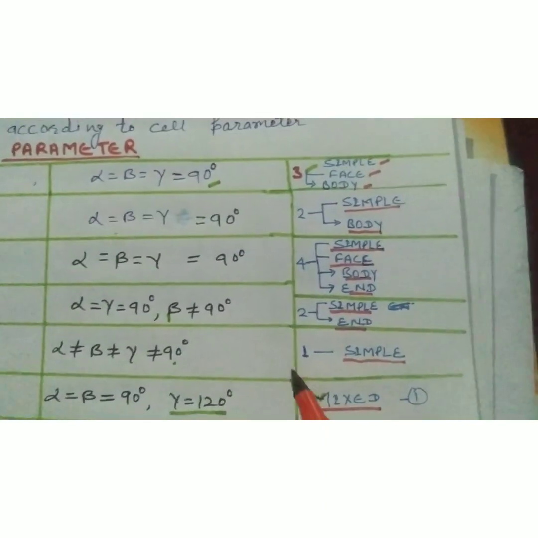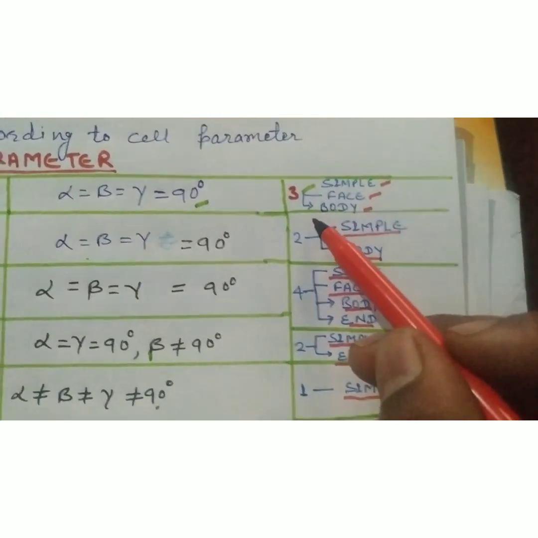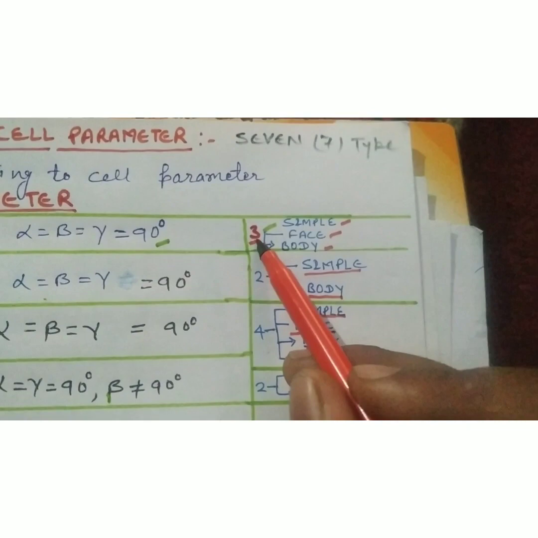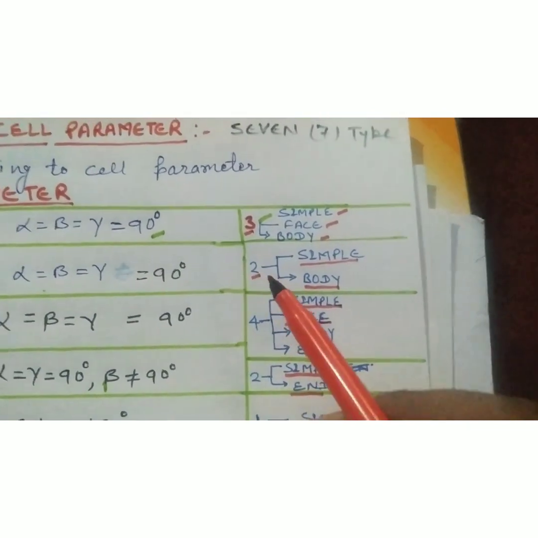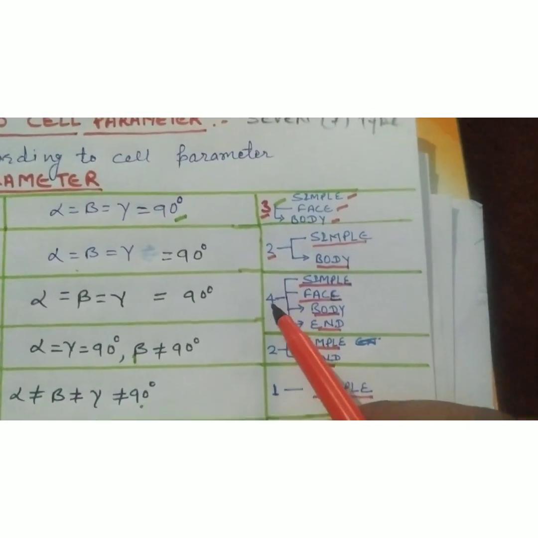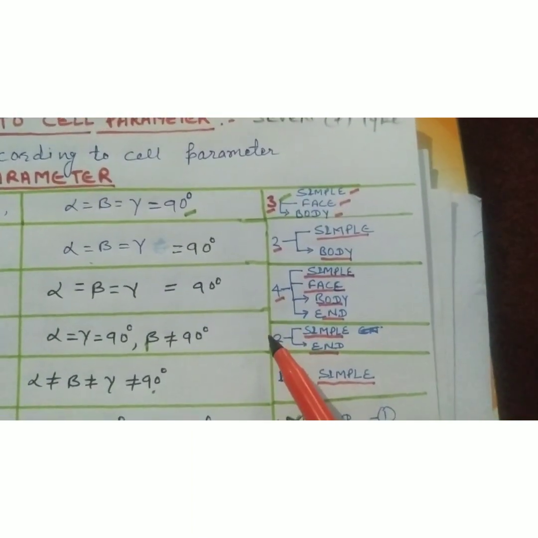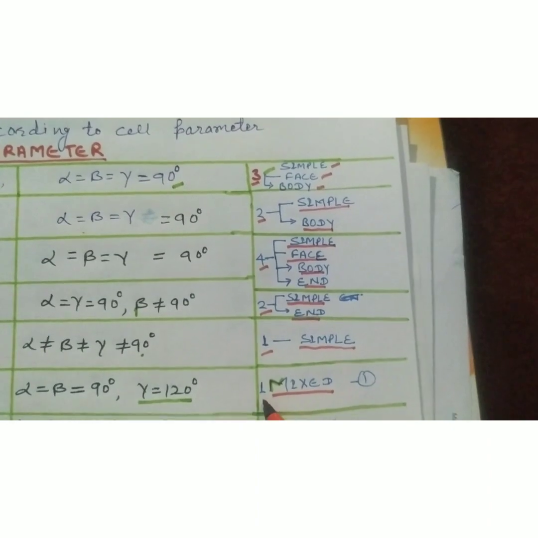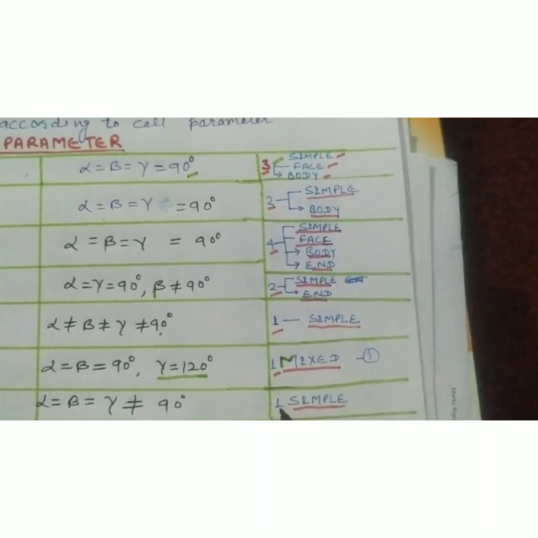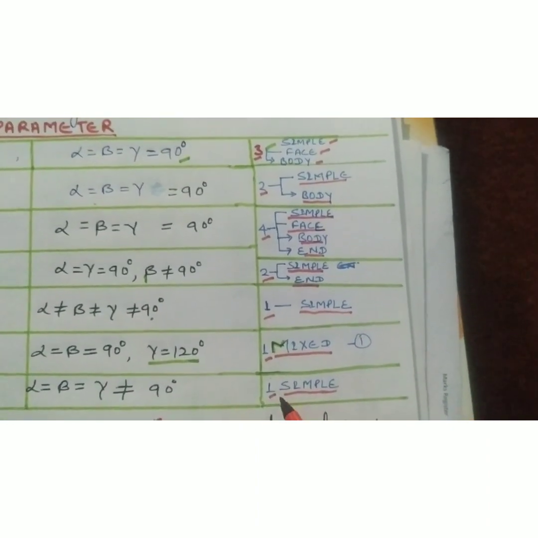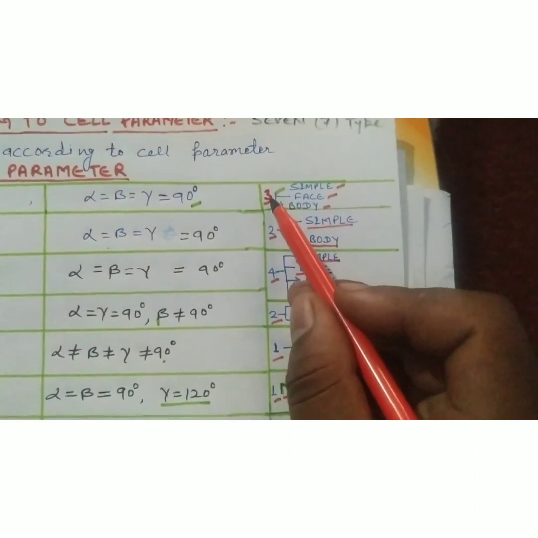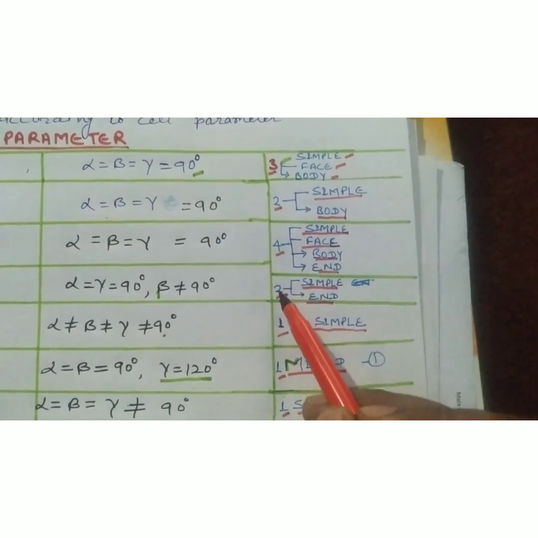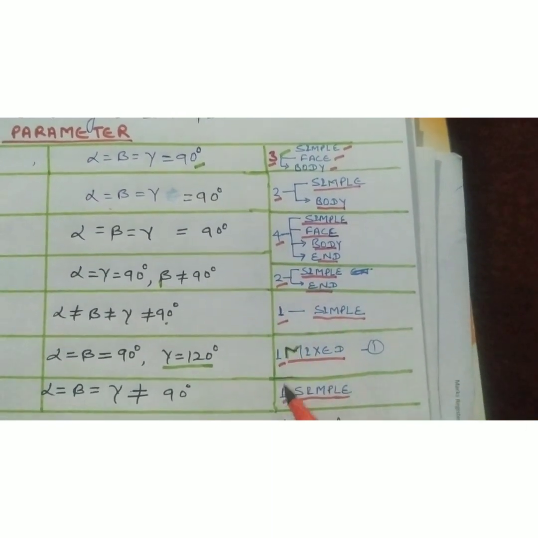Clear? So by the sum of these cells, there are 3 types of cubic, 2 types of tetragonal, 4 types of orthorhombic, 2 types of monoclinic, 1 type of triclinic, 1 type of hexagonal and 1 type of rhombohedral. By the sum of these cells, 3, 5, 9, 11, 12, 13 and 14.